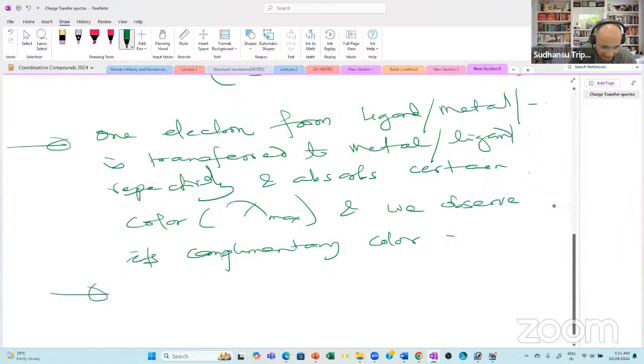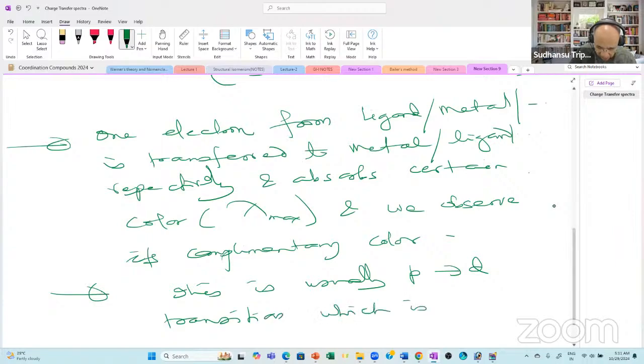And this is usually a p to d transition, which is highly allowed.